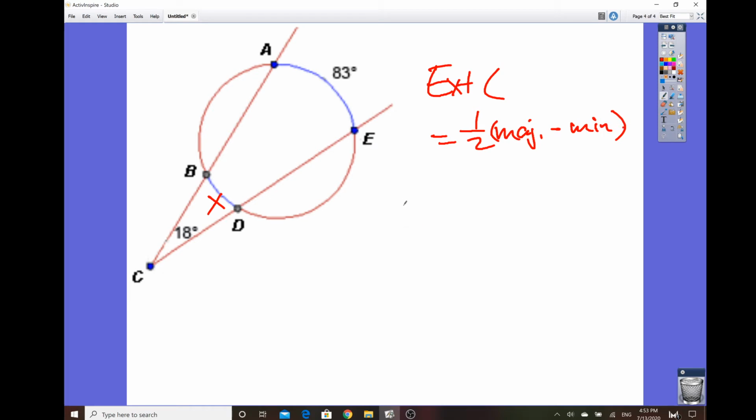The external angle is given already, so it's 18. So 18 equals 1/2 times the quantity of the major arc, 83, minus the minor arc, x.